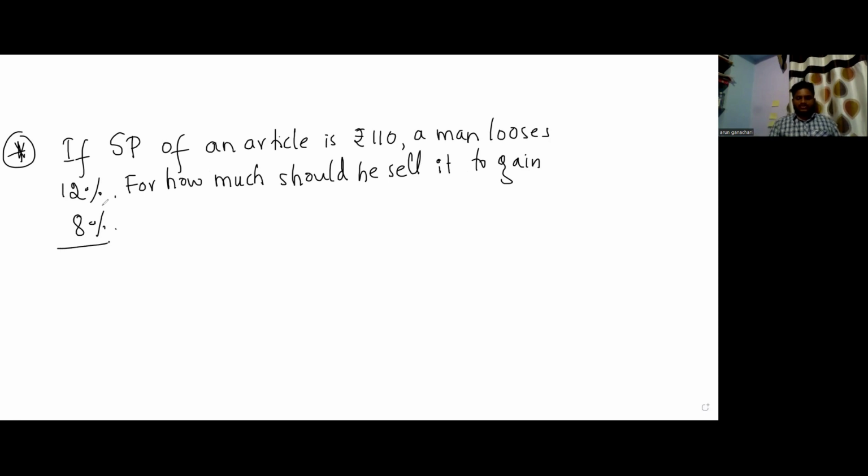For how much should he sell it to gain 8%? Okay, solve this.